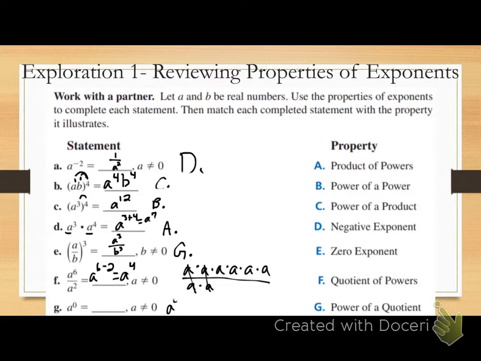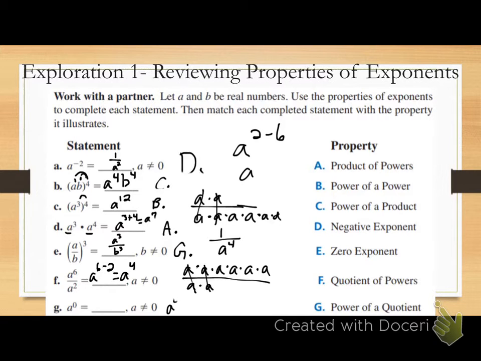Let's say it was flipped and it was A squared over A to the 6th. I would still have 2 A's that cancel out, but where are my 4 A's left now? It'd be 1 over A to the 4th. So if we have A to the 2 over 6, we could do A to the 2 minus 6.